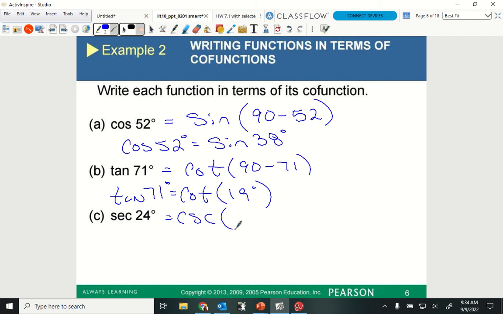So I'm going to start with 90 and subtract the amount that I give it, which in this case is 24. And my missing value is going to be the other side of this. So secant of 24 degrees is equal to CSC of 90 minus 24, which is 66. 66 degrees.